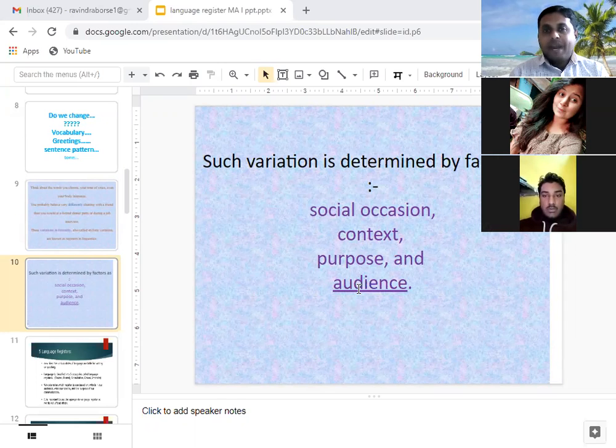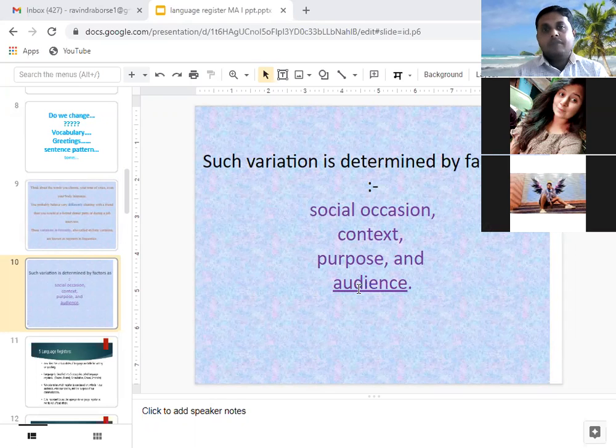So you will use the pattern of jeans, monkey wash, right? 3/4, full length, then the shade, then the stitching, then the stretchability of that jeans, isn't it? Right? You would change the language. So this change, this shifting of language is determined as register. Right? So situational use of a language means register.